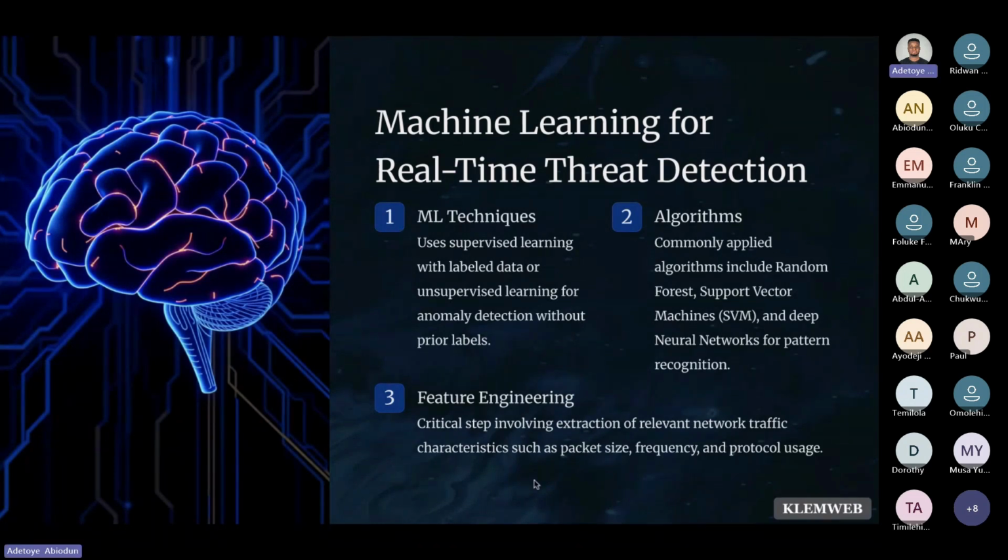All right. So machine learning for real-time threat detection. This is where we come in, right? As a team, like I used to say, I don't know anything here, so nobody knows anything. We are going to build everything together.